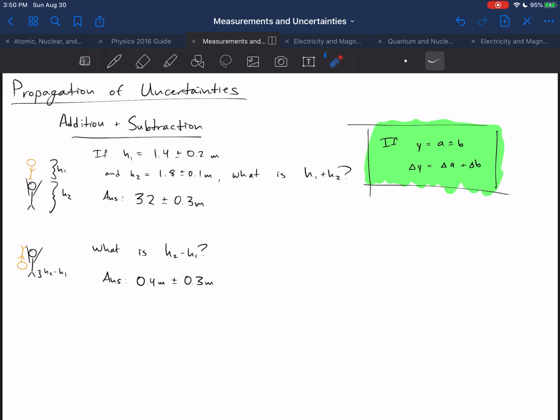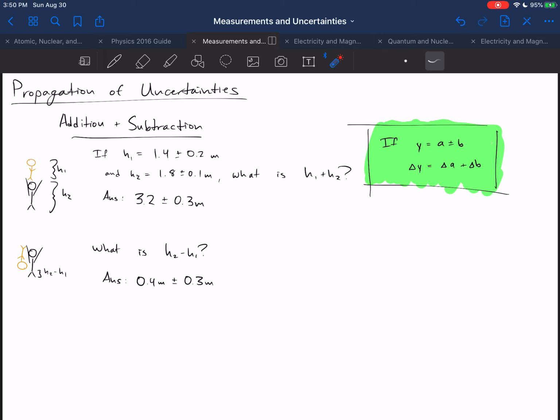Propagation of uncertainties is one of the trickier things to do in laboratory analysis once we're done actually taking data. Here's the general idea. Often we will measure different quantities, like heights or distances, times, or currents, and then we will do something with them.